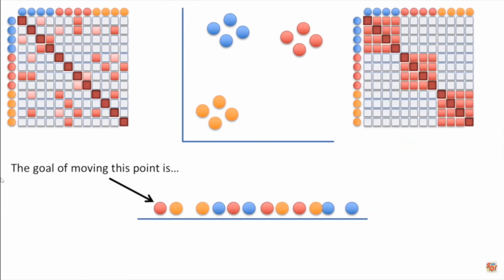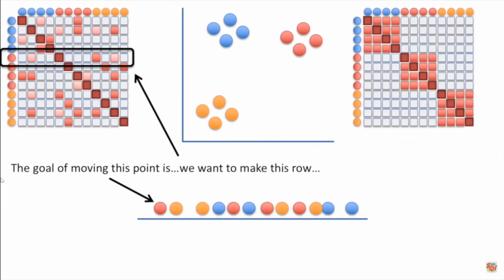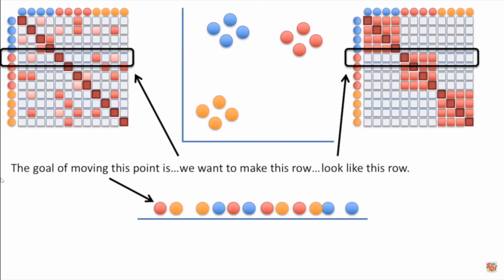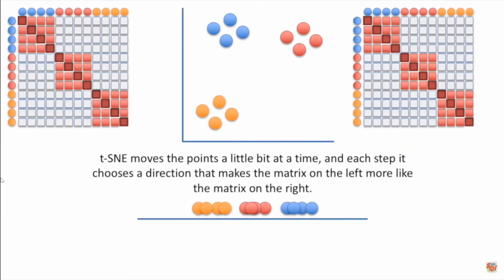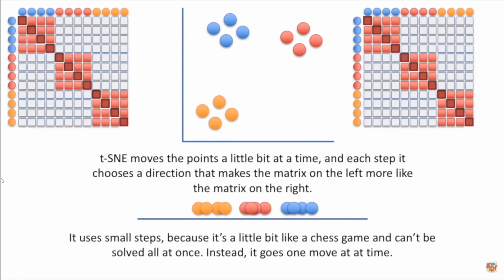The goal of moving this point is we want to make this row look like this row. t-SNE moves the points a little bit at a time, and at each step, it chooses a direction that makes the matrix on the left more like the matrix on the right. It uses small steps because it's a little bit like a chess game and can't be solved all at once. Instead, it goes one move at a time.